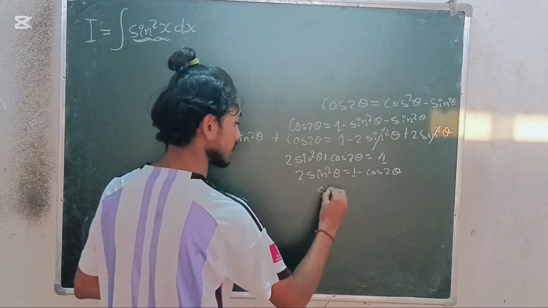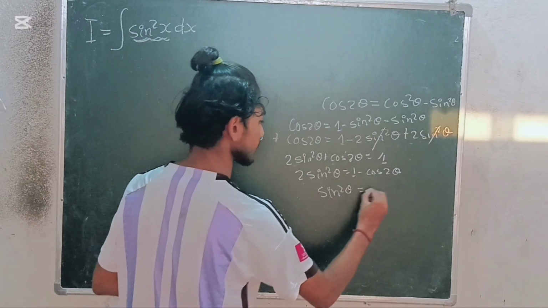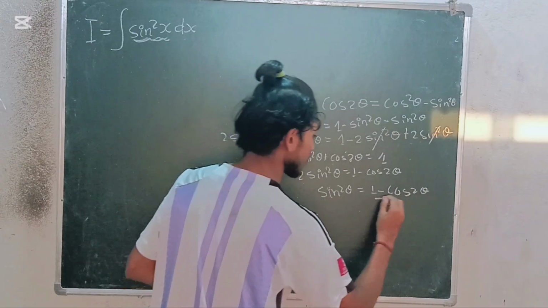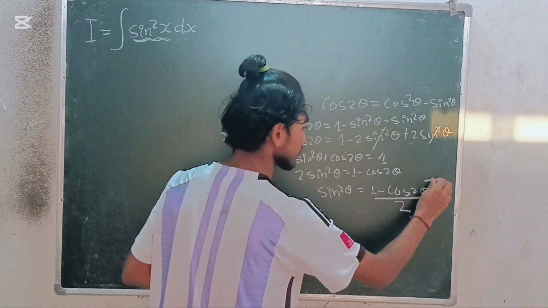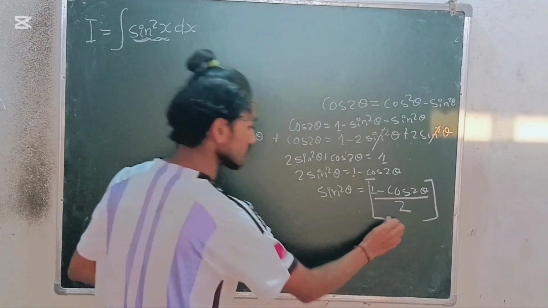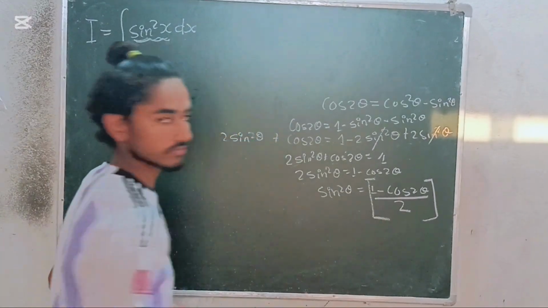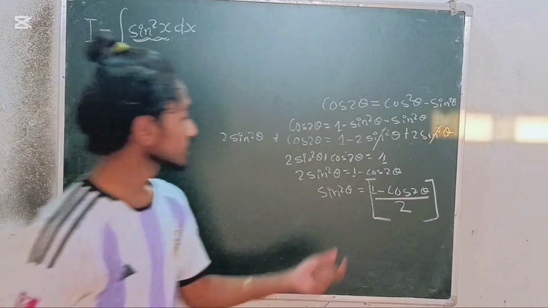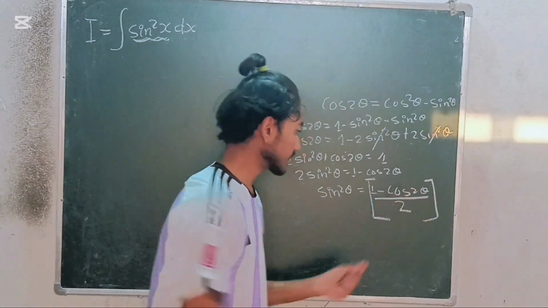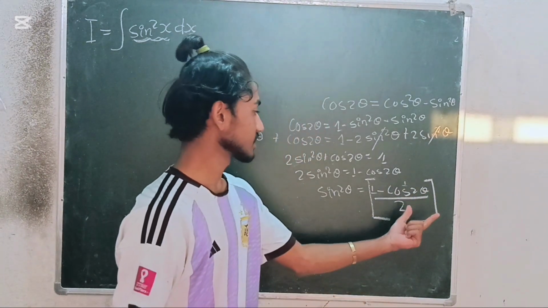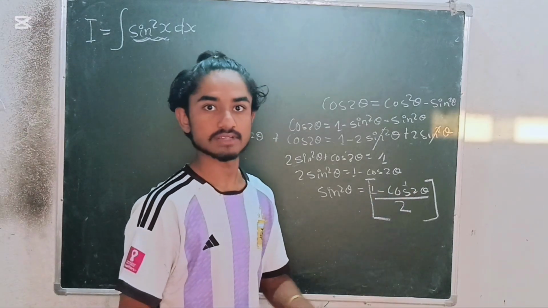So sine squared theta is 1 minus cosine of 2 theta, divided by 2. In terms of sine squared x, you can write this, and you can see there is no power in it, just the power of 1, and it can be integrated easily. This is the beauty of using the trig identity relation.